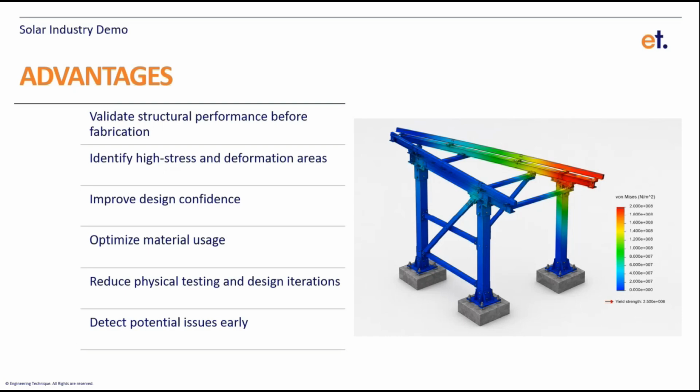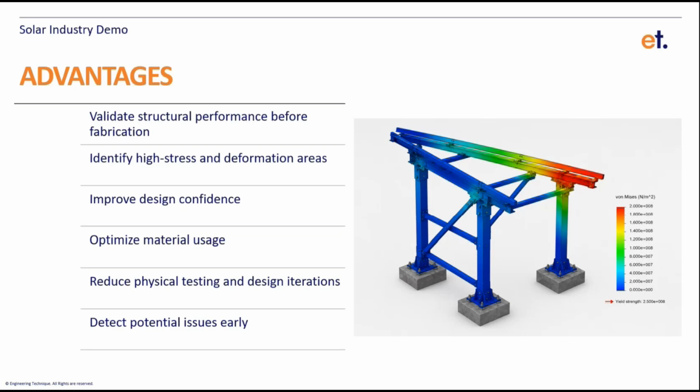Then on-site testing and design iterations are also reduced as you have already tested the model and it is working fine in those conditions. So in that way, you can really reduce your cost of the project iterations and increase your overall productivity. So with this, we have completed our part, assembled it, validated.